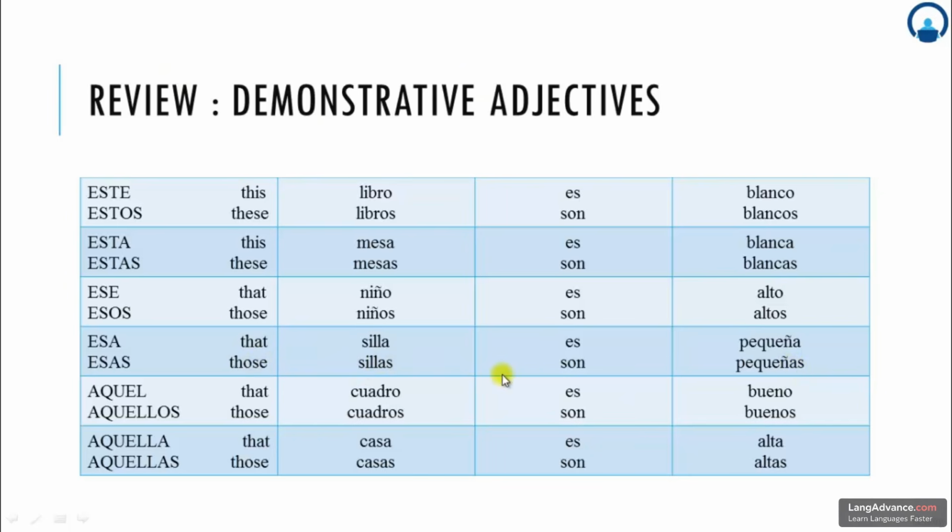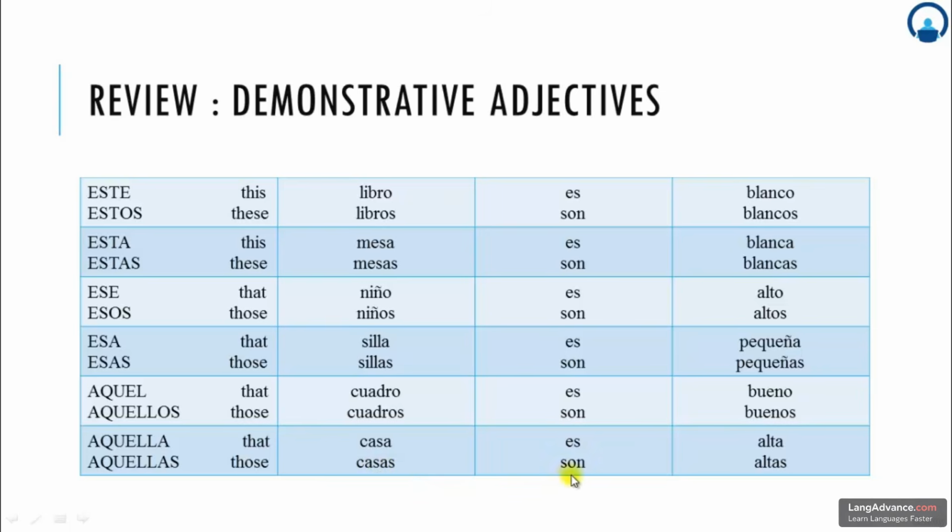Those chairs are small. Aquel cuadro es bueno. That painting or photo frame is good. Aquellos cuadros son buenos. Those paintings are good. Aquella casa es alta. That house is tall.